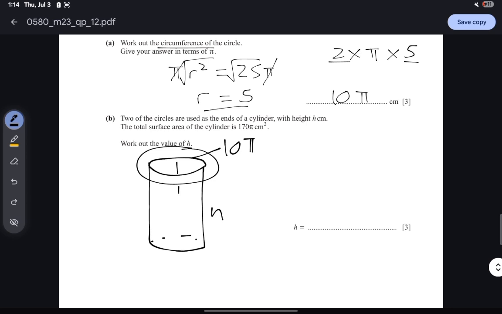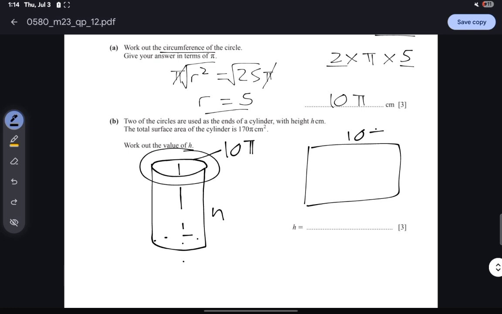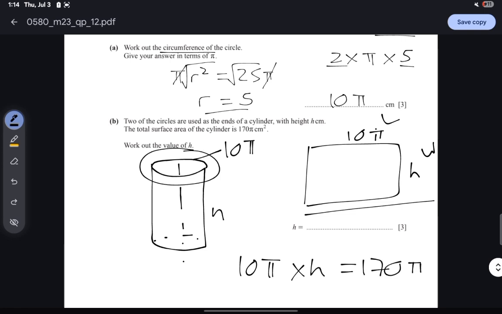So if we cut this here, we get something like this with 10 pi at the top and h like this. So you know, area of a shape like this one is just length times width. So 10 pi times our h should give us 170 pi, right?